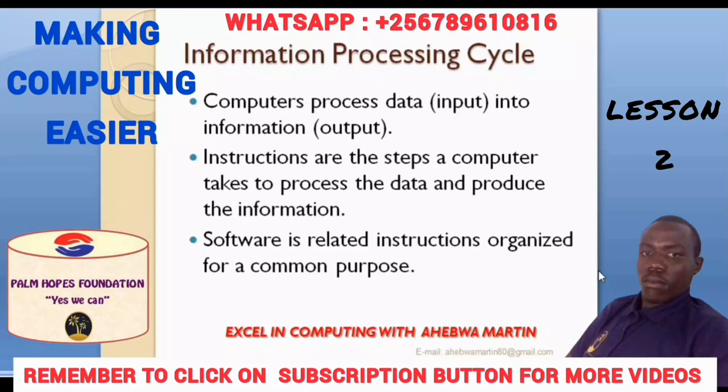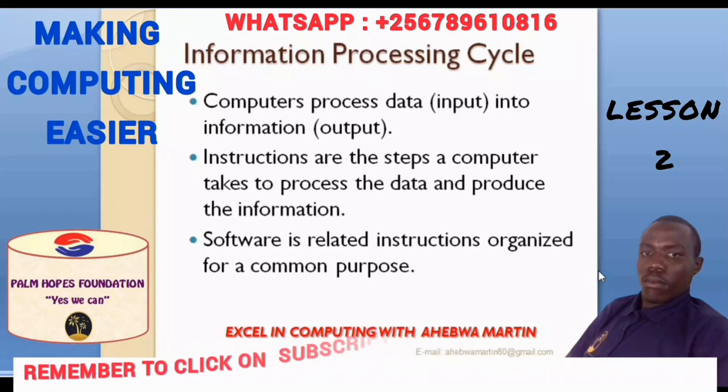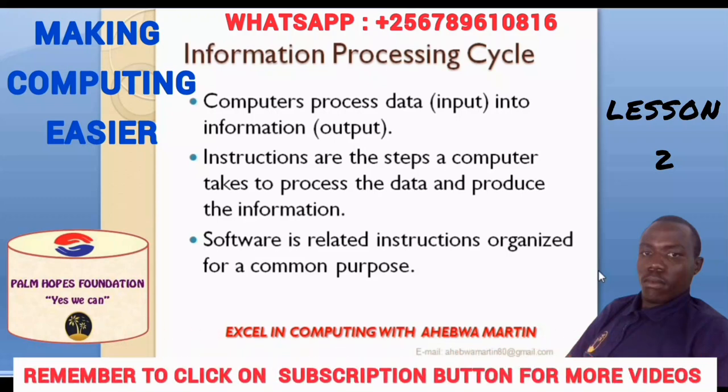For example, if we are using Microsoft PowerPoint, this PowerPoint is a software which was designed with instructions for us to have these slides move on, or be displayed to us. The purpose of Microsoft PowerPoint is to organize presentations. That is why we say that software is related instructions organized for a common purpose.